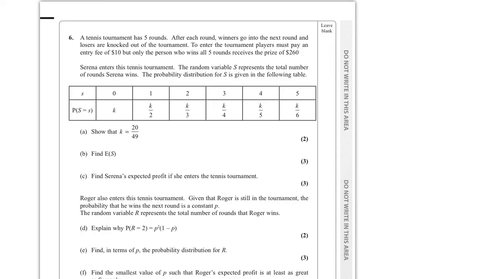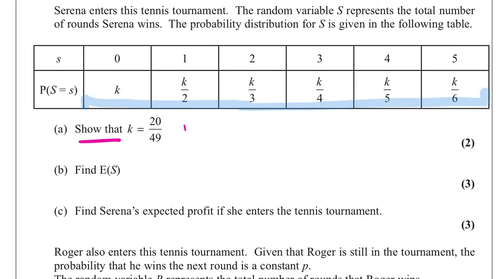So, what do we know? We know that all of these is going to add up to 1. So, because it says show that, you need to be writing K plus K over 2 plus K over 3 plus K over 4 plus K over 5 plus K over 6 equals 1. I know there's an easy way to do it. What are we going to do? We're going to factor out K, obviously.